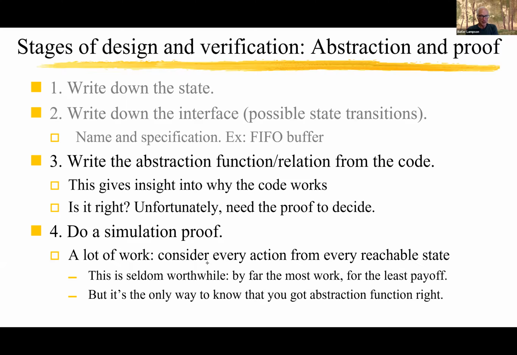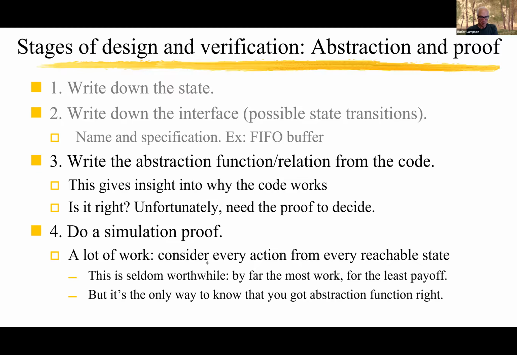So an obvious question to ask is, is the abstraction function correct? And unfortunately, the only way to convince yourself that the abstraction function is correct is to actually do the proof and see that it always does. The particular abstraction function that you've chosen actually makes the simulation proof possible.